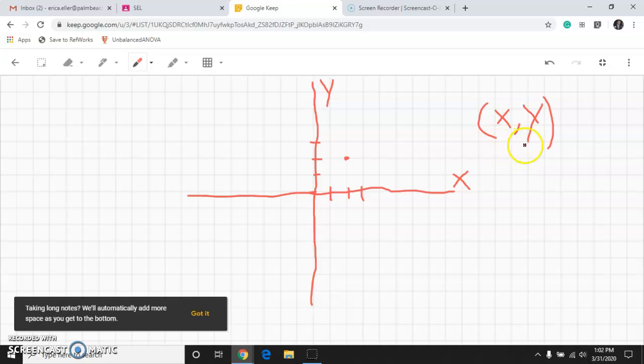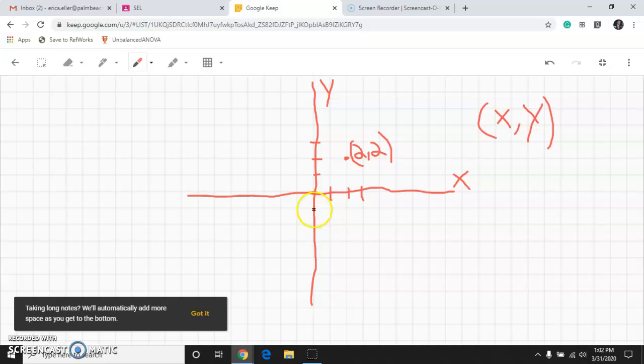So x is first, y is second. So it goes x, 1, 2, and y, 1, 2. So this point would be at 2, comma, 2. So that is what that point is marked, and those points are always in parentheses.